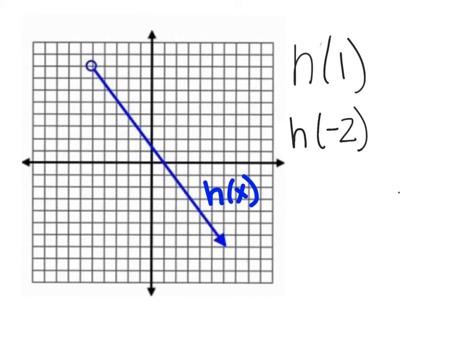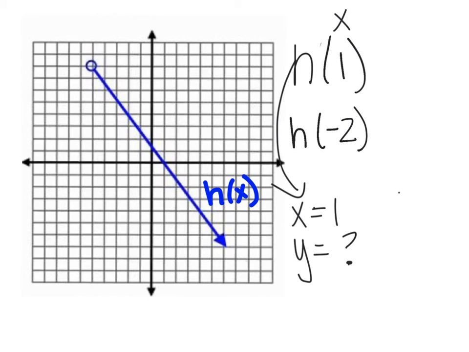So remember, whatever number is here in the parentheses is going to be our x value. So for this first problem, they're telling us that x equals 1, and when we evaluate it, we're trying to figure out what y is. So that means we're looking for a point on the graph where x is 1. Well, here's my x-axis, and if I start at 0, 0, 1 is going to be right here.